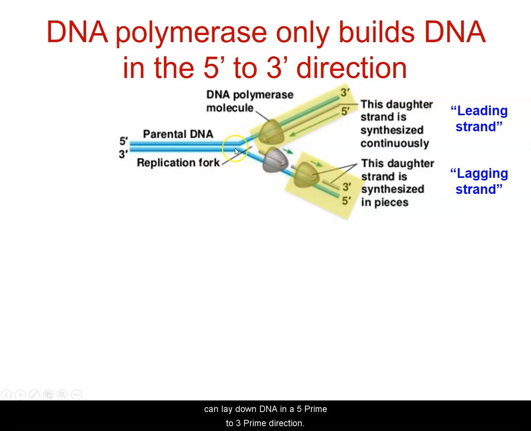As the replication fork continues to unzip, you expose more DNA, so you have to bring in another DNA polymerase to get the job done. So the lagging strand is called that because DNA polymerase can only work in a 5' to 3' direction, and as the replication fork opens up, you have to bring in more enzymes to do the job.